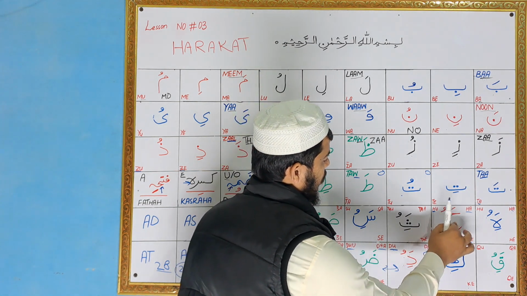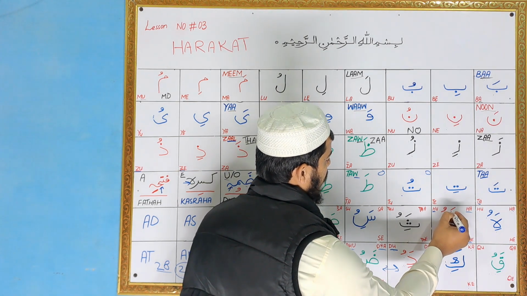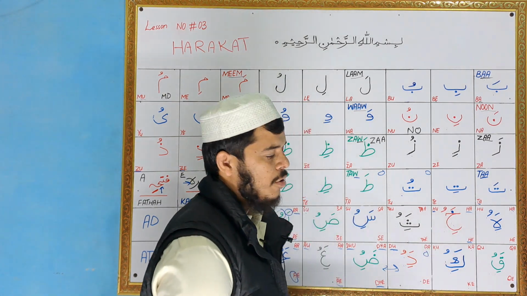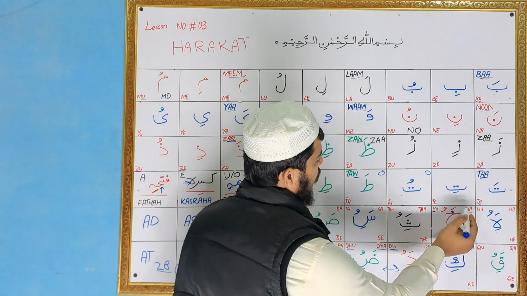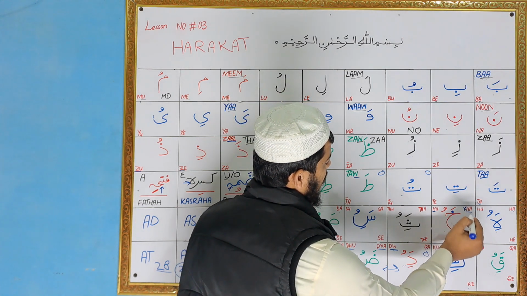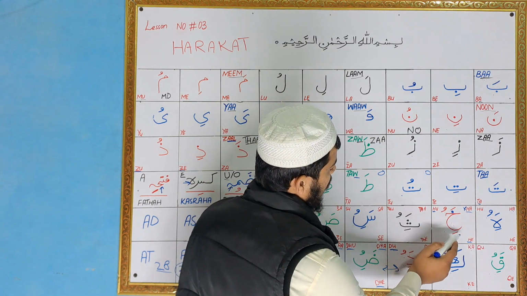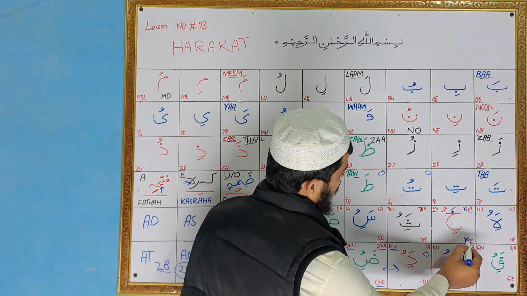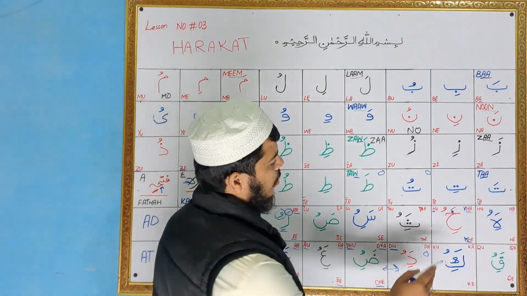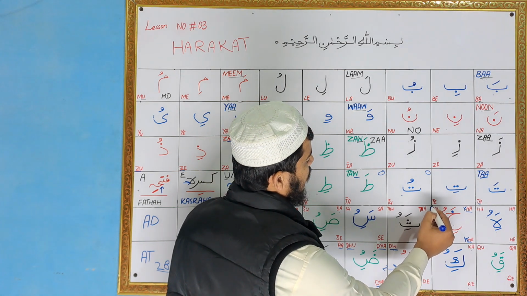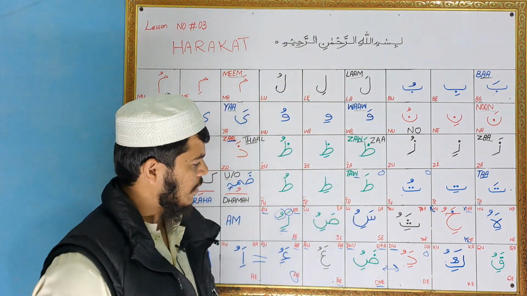If we put a dot on top, it will become kha. Kha fatha, kha with kh sound. Kha kasra will be khi. Kha dhamma will become khu.